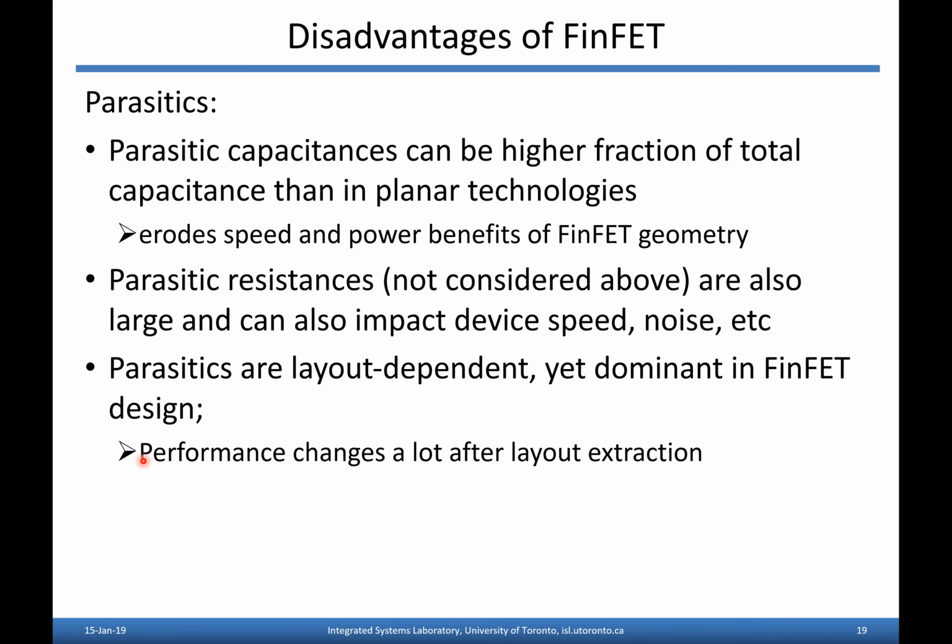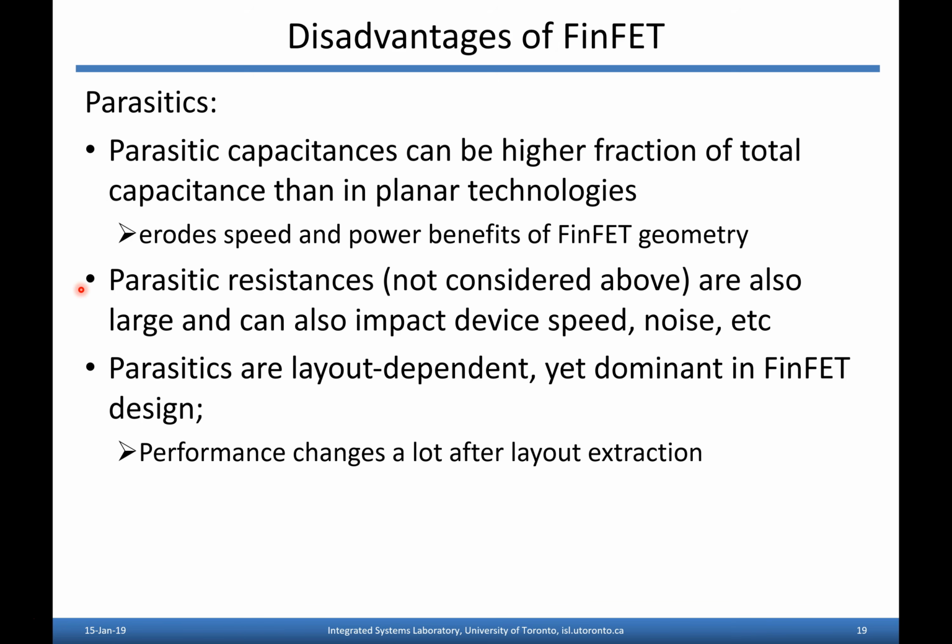On top of that, the design rules required to make these really fine geometries impose other requirements that make the parasitics even worse. So the parasitic capacitance can be a really high fraction of the total capacitance in FinFET technology. That takes away some of the speed and power benefits that FinFETs provide.